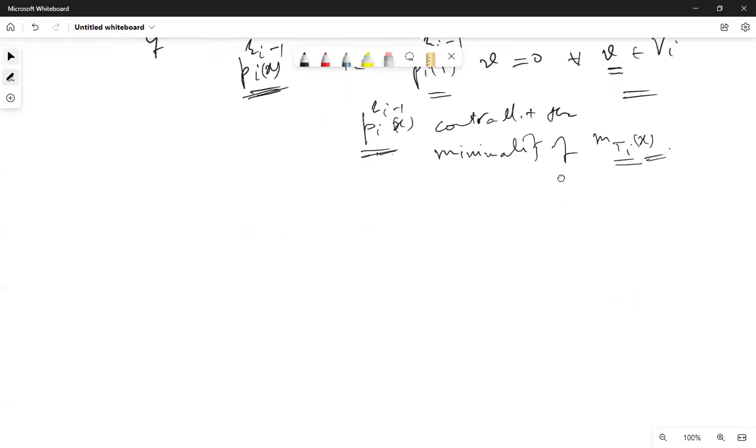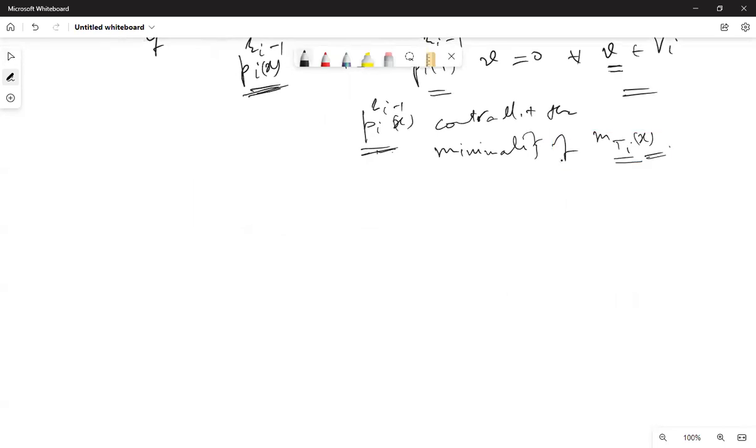Then I can choose my y as y1 plus y2 plus and so on yk. These yj's are chosen in Vj's such that m_{T,yj}(x) is exactly pj(x) raised to the power rj.